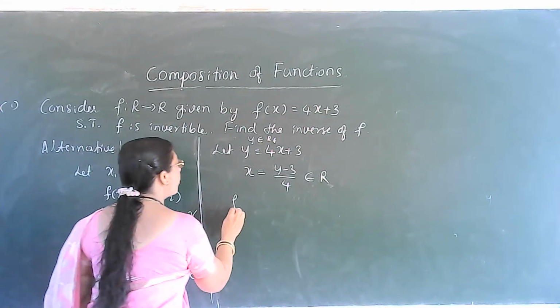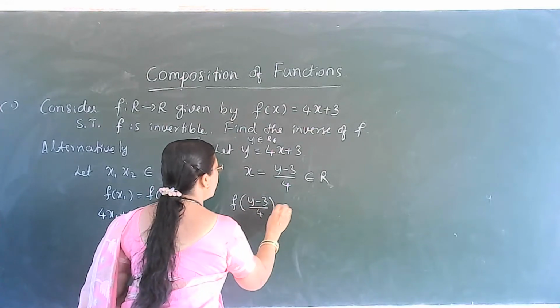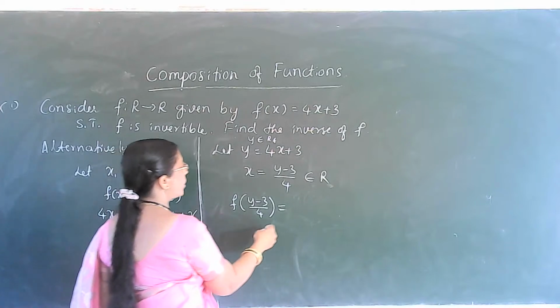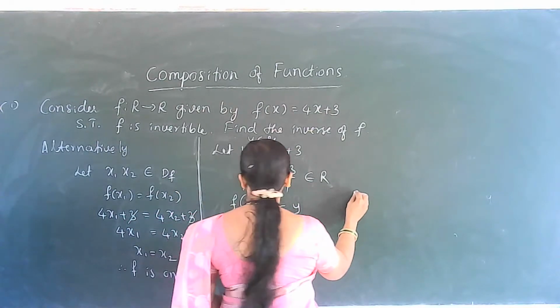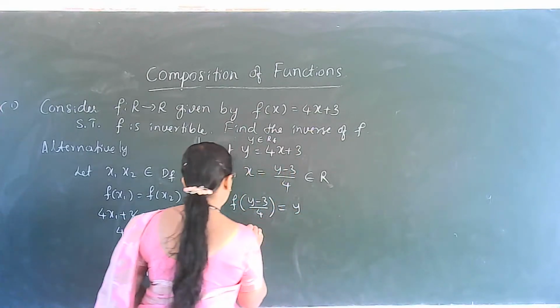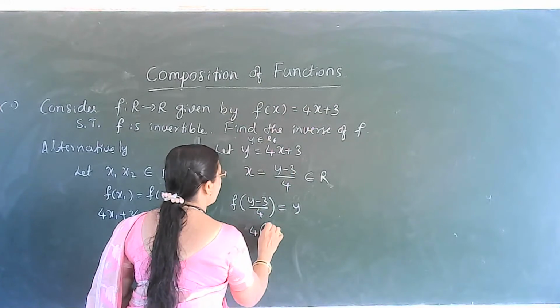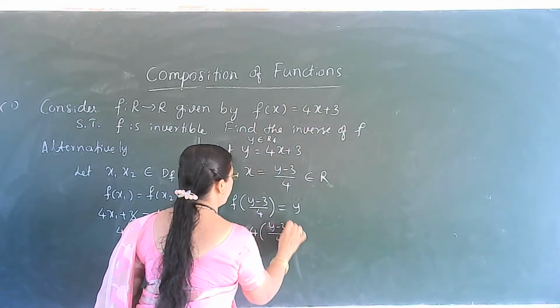Then f of (y minus 3 divided by 4) is equal to 4 into (y minus 3 divided by 4).